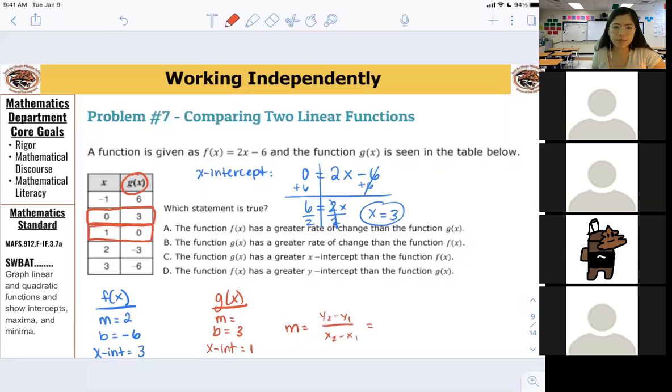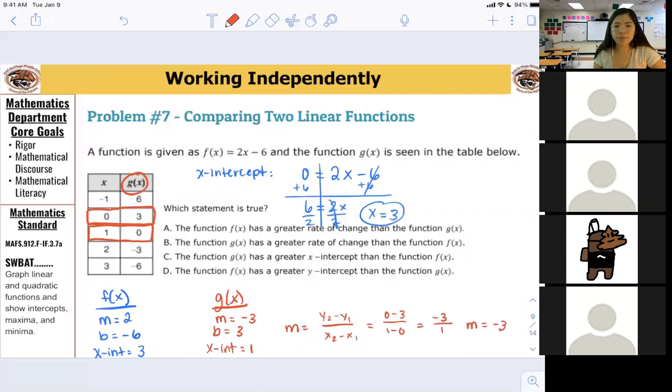So what do I write into my formula? 0 subtract 3, and 1 subtract 0. Beautiful. 0 minus 3 is negative 3. 1 minus 0 is 1. I end up with m equals negative 3.